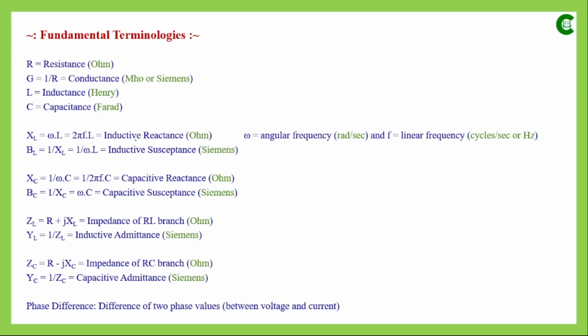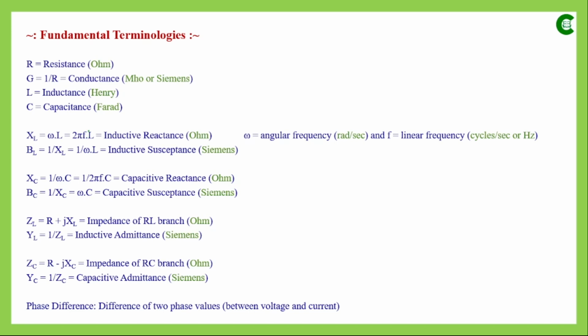So the inductive reactance, if we want to express it in terms of linear frequency, is 2 pi multiplied by linear frequency f, multiplied by the inductance of the inductor.